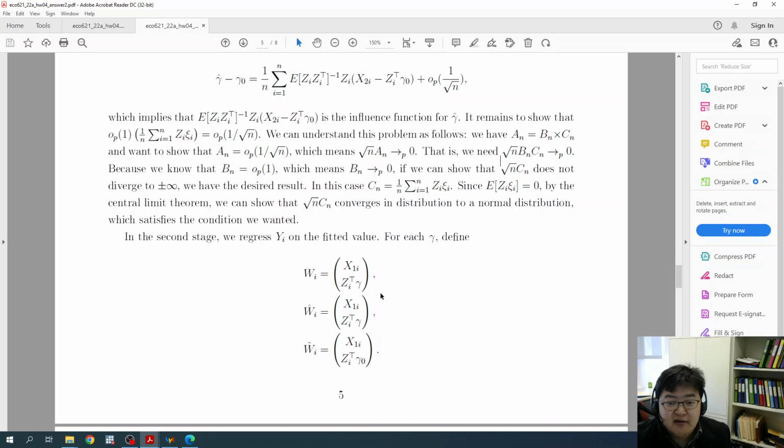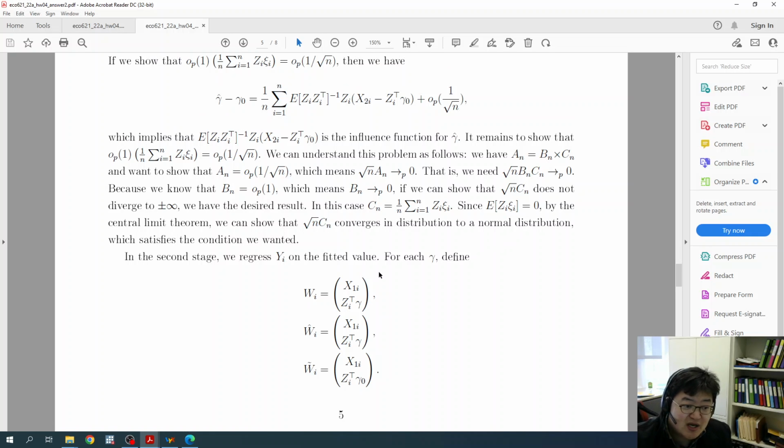So let's have a look. I'm going to define a new set of notation. Sorry about the complicatedness. So here I had to say gamma hat, right? What I'm doing here is W is just a generic gamma. For a given gamma, we define W, and W hat is for gamma hat.